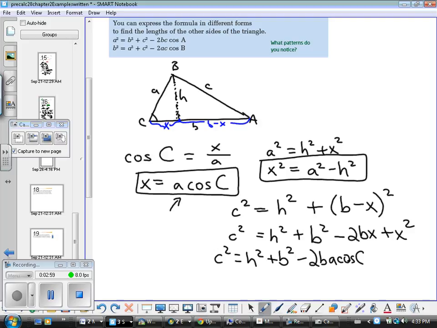And instead of X squared, I'm going to have A squared minus H squared. You'll notice you have a positive H squared and a negative H squared, which cancel. So what you're left with is C squared equals A squared plus B squared minus 2ab cos C. And that's your cosine law.